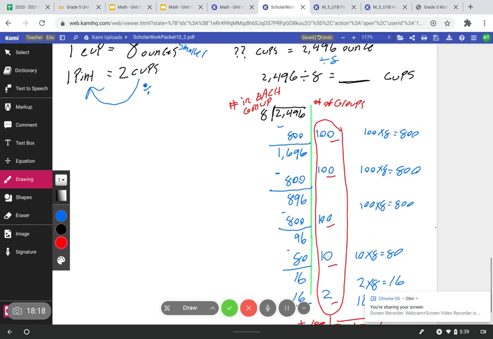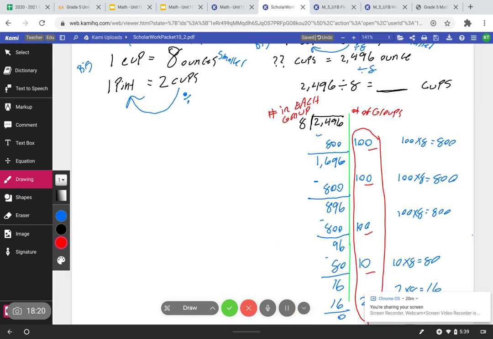This is what I love about math right here. It's silly, it's nerdy, but look at this.